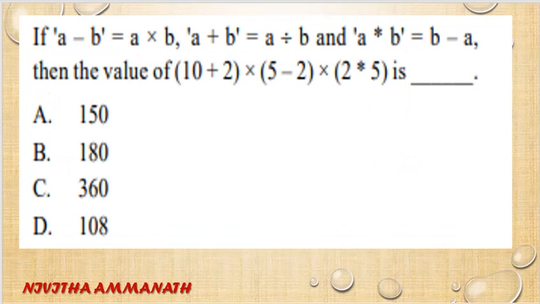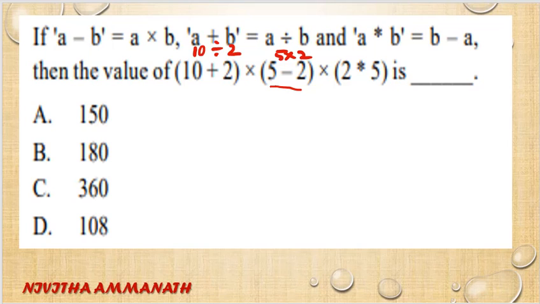If A minus B equal to A into B, A plus B equal to A divided by B, A star B equal to B minus A, then the value of 10 plus 2 into 5 minus 2 into 2 into 5. A minus B, that is A into B, that is 5 into 2. 10 plus 2 is 10 divided by 2.